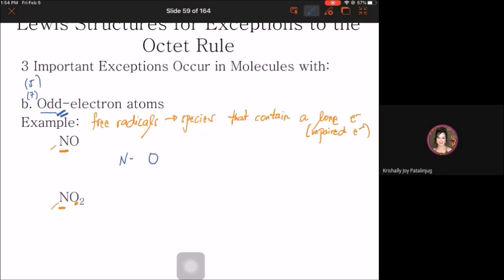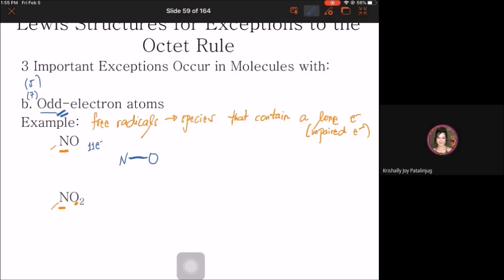So, pwede nang diretso kang gumawa ng single line, tsaka ka mag-total. It depends on you, ha? Total valence electron, nitrogen monoxide. So, 6 plus 5, so you have 11 electrons.